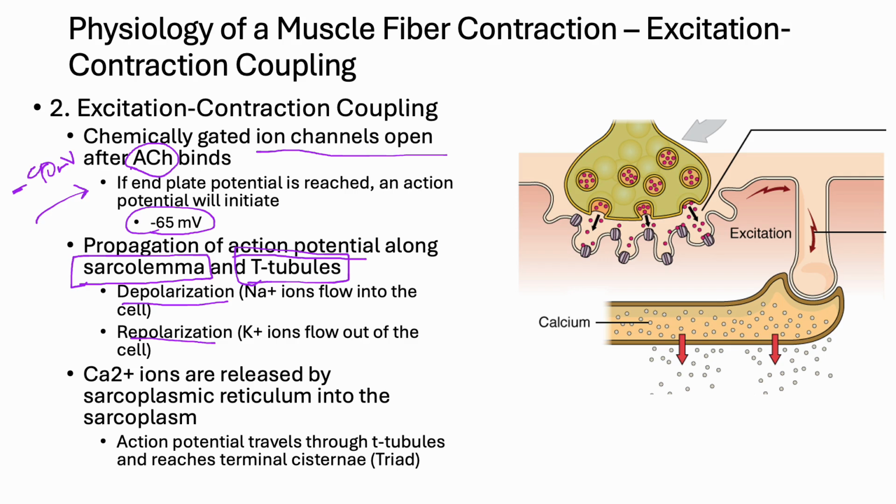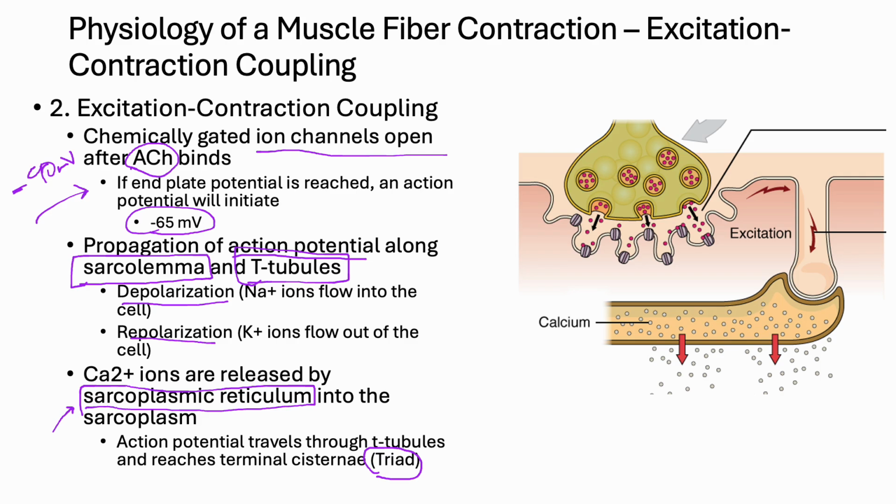The way it leads to the contraction is once that action potential reaches what's called a triad. That's where the T tubules make contact with a portion of the sarcoplasmic reticulum. Remember, that's our fancy word for a little specialized endoplasmic reticulum in a muscle fiber.